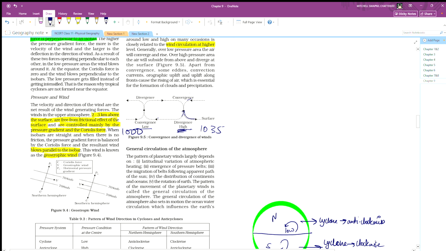It diverges, like it splits. Basically the air splits, and it goes to the low pressure area as wind, as air goes from higher to lower pressure. And when it goes to a lower pressure area, again it converges.